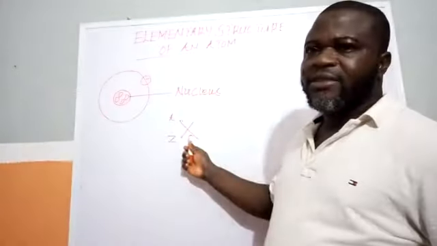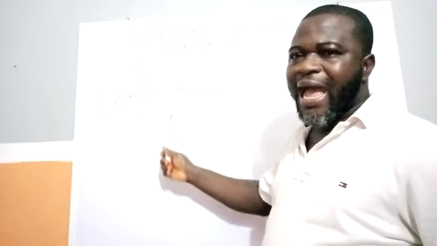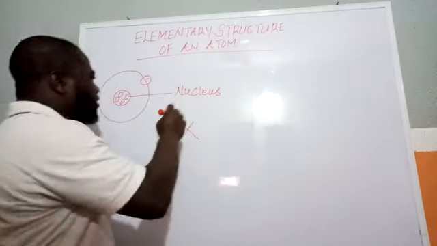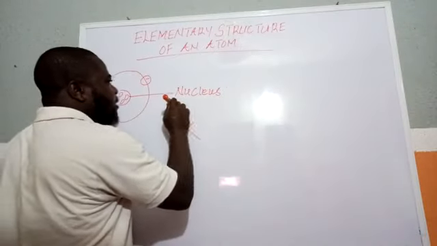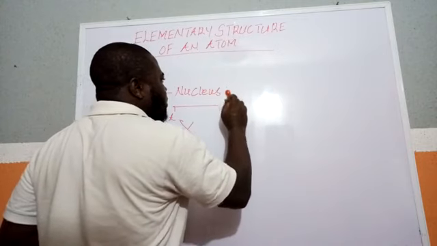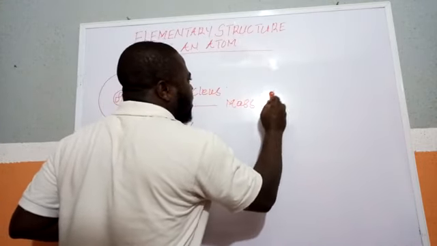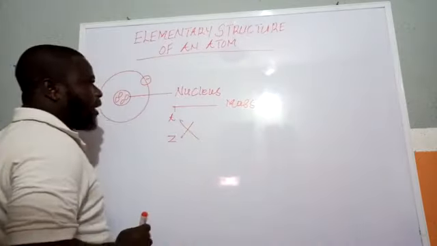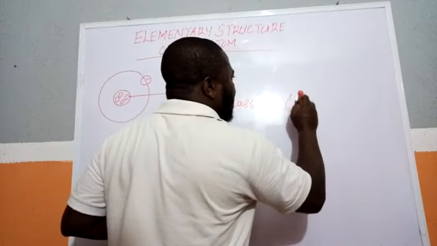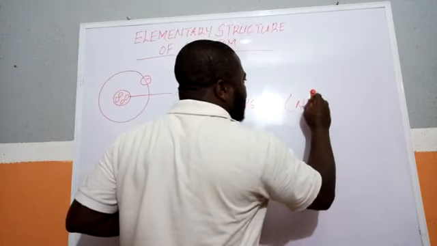Should I come again? X is the element, A is the mass number, and Z is the atomic number. This mass number is what we call the mass number, also known as the nucleon number.